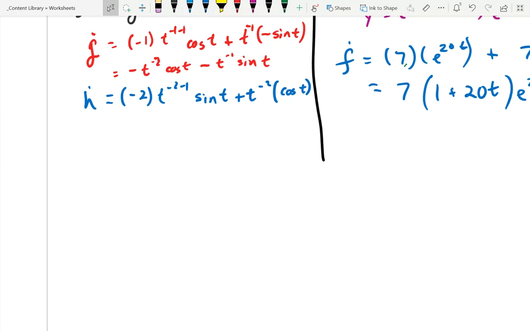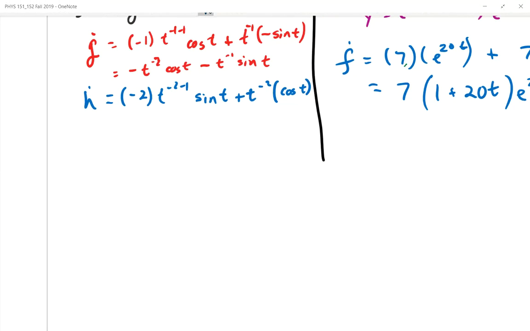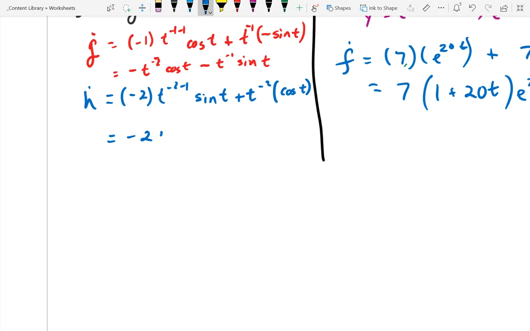Okay, and simplifying the H dot: minus 2 t to the minus 3 sine t plus t to the minus 2 cosine t. So now if we add those together, F dot equals, and I'm going to combine terms by sine and cosine.